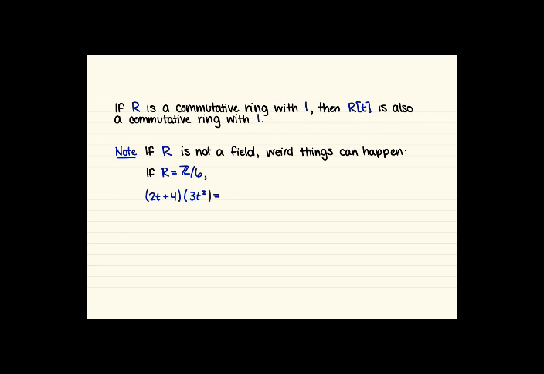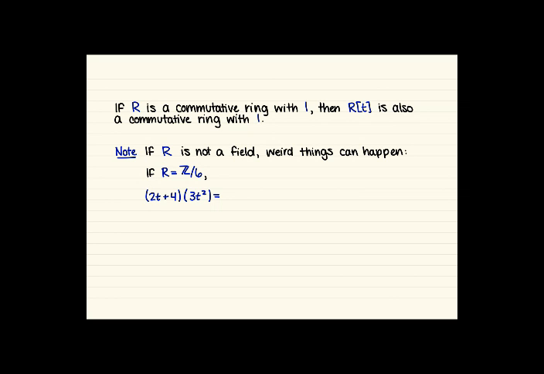So we talked about this as an example of a ring, that polynomials with coefficients in R were an example of a ring, but we can have coefficients in any commutative ring with 1, and that's going to give us another commutative ring with 1. So one thing to pay attention to here is that if R is not a field, weird things can happen. We already saw that a little bit with two polynomials multiplied together to be 1.